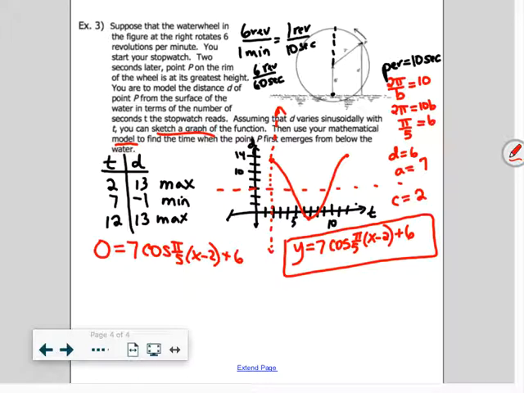We did this in the last chapter. So I'm going to let u equal this horrible stuff inside. Remember, we did u substitutions. So I'm going to solve 0 equals 7 cosine u plus 6. And you're going to need a calculator. So if you don't have your calculators out, let's find it.